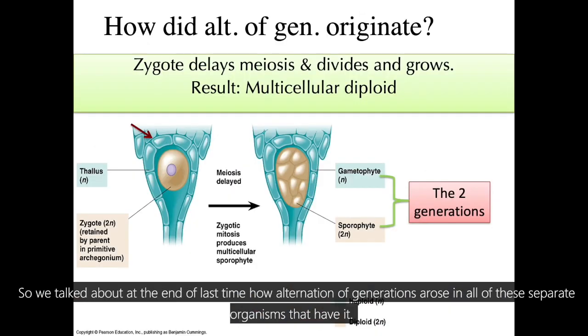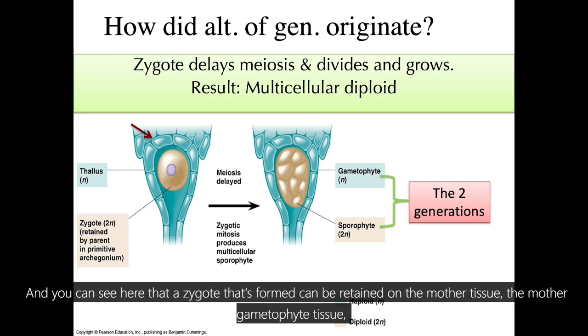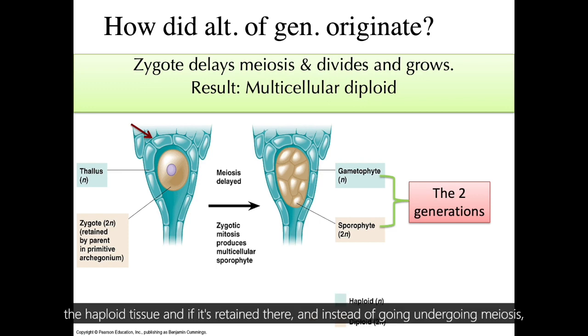So we talked about at the end of last time how alternation of generations arose in all of these separate organisms that have it. And you can see here that a zygote that's formed can be retained on the mother tissue, the mother gametophyte tissue, the haploid tissue.